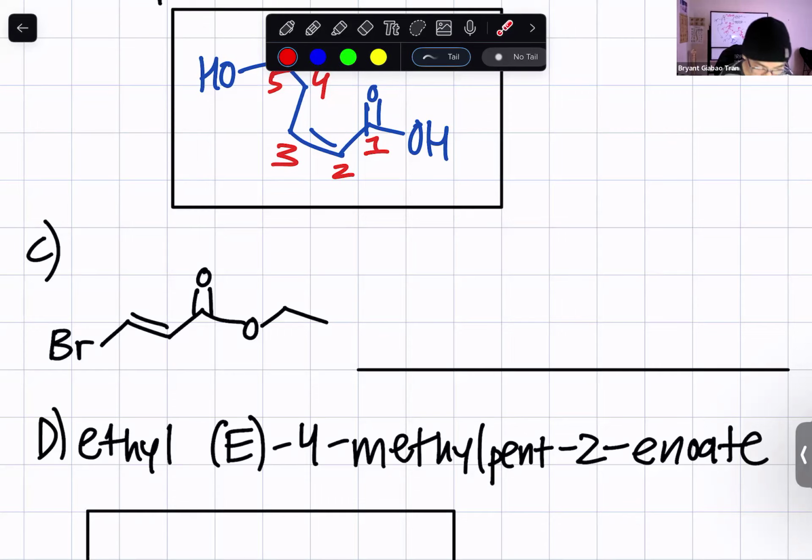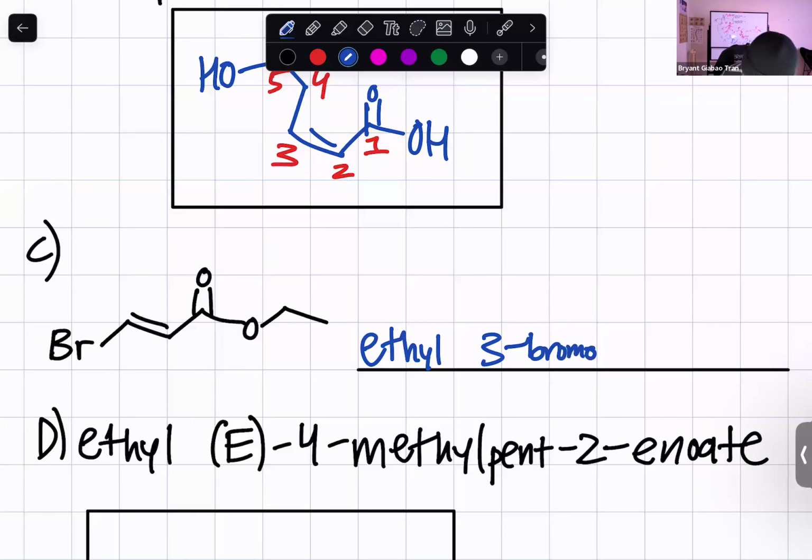Okay, I got it. Let's see what you got. Right here. Ethyl 3-bromo 2-propenoic acid.